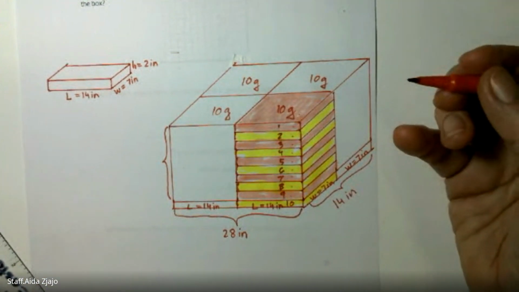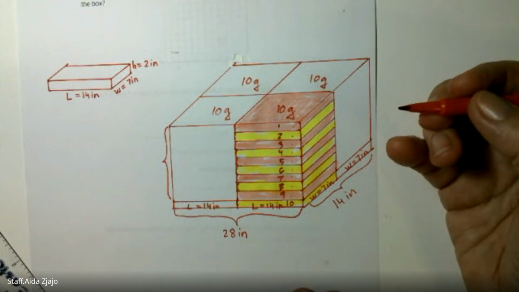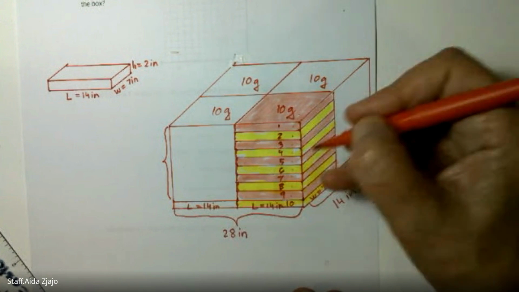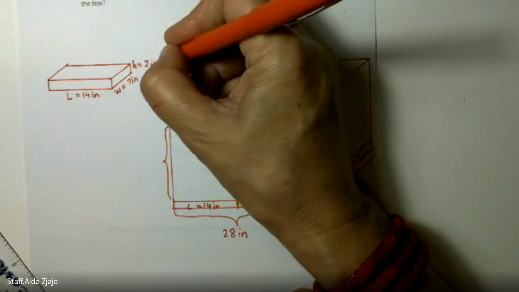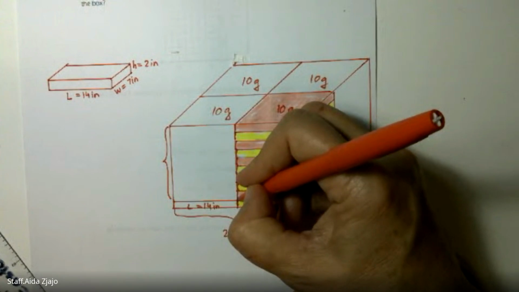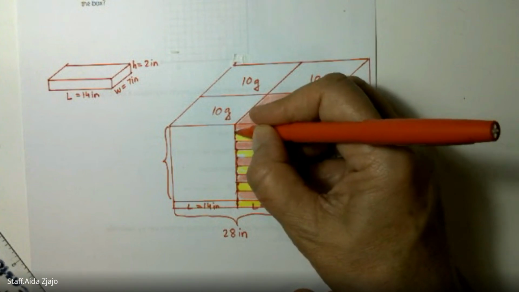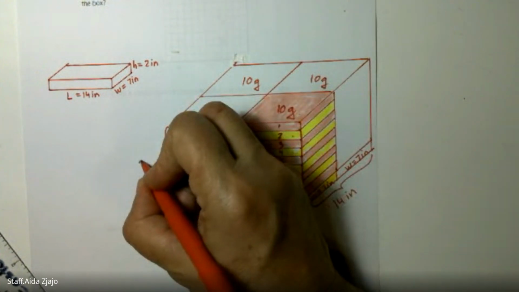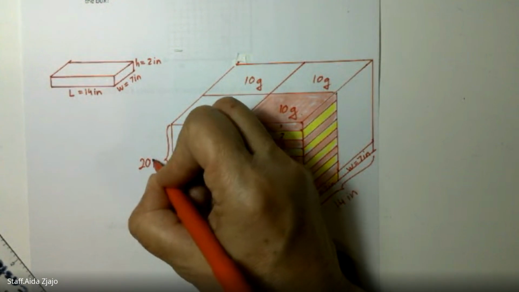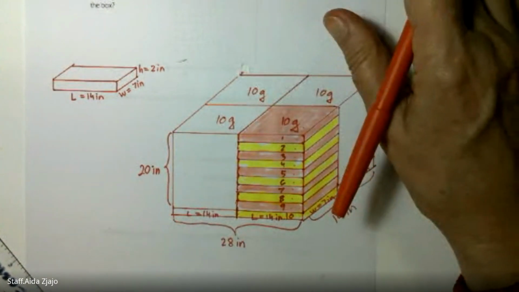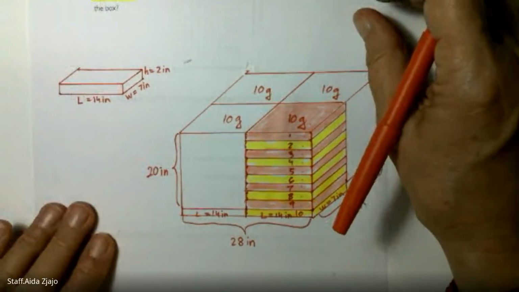What did I do? Count by tens. I'm really tired. It should be count by 2 because that's the 2. Okay, 2, 4, 6, 8, 10, 12, 14, 16, 18, 20 inches. 20 inches. You can just see my brain is tired. Okay.